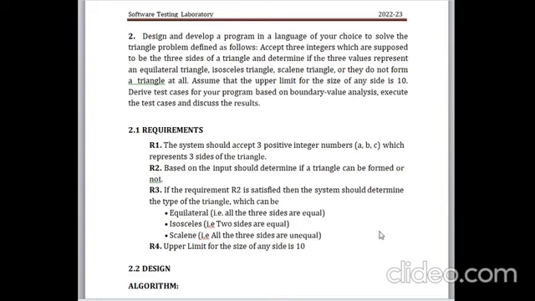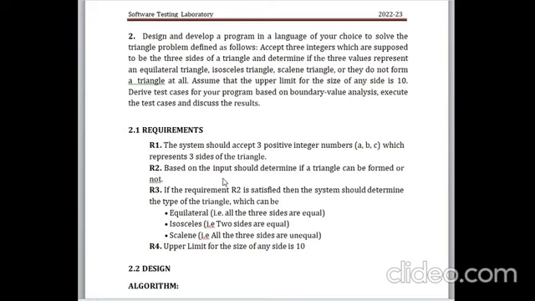Same as program number 1, the requirement specifications and design conditions are both the same. Coming to the requirement conditions: the system should accept three positive integers, that is R1. R2: based on the input, it should determine whether the triangle can be formed or not.